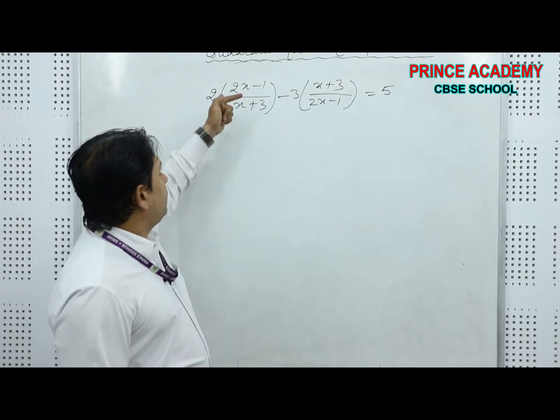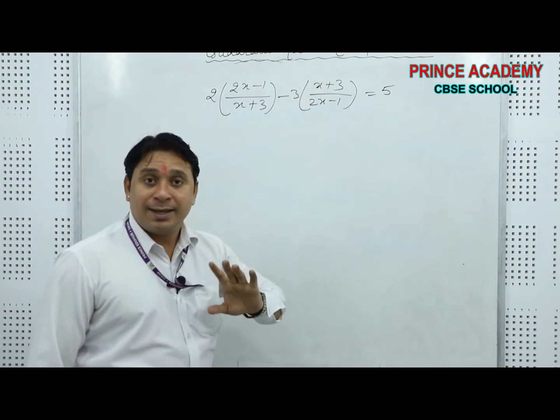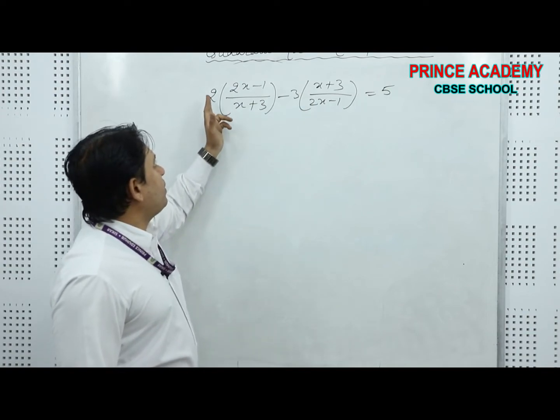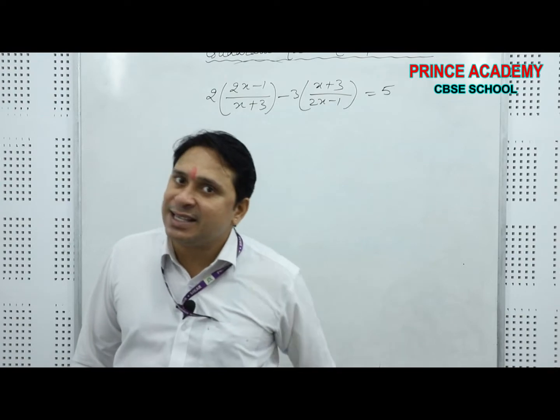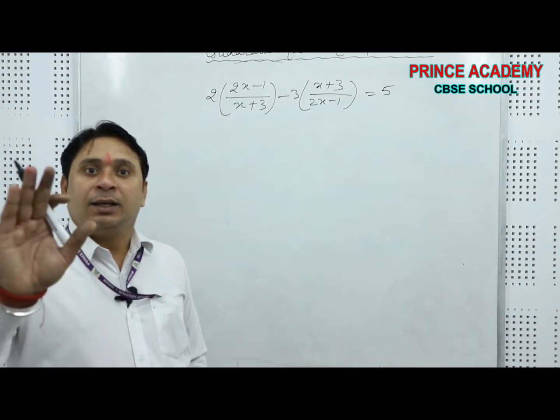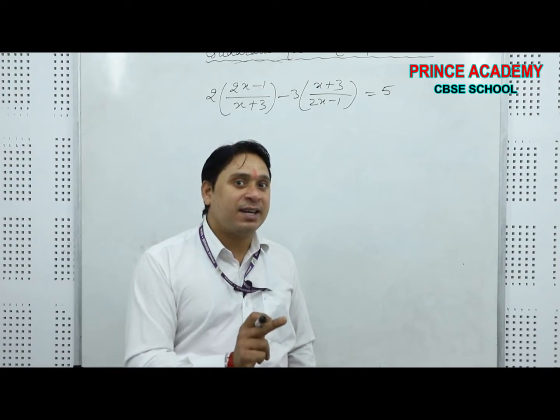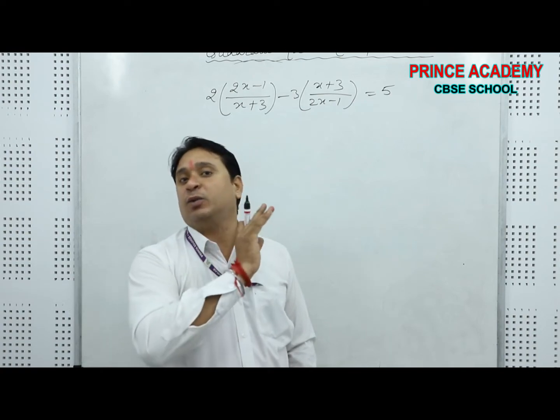See, this by this, and here this by this is there. Yes or no? Done beta. See, if you go for multiply and then take the LCM, definitely you will get the result. But that is also okay. But see beta, why am I here? I want to make you comfortable with the calculations.